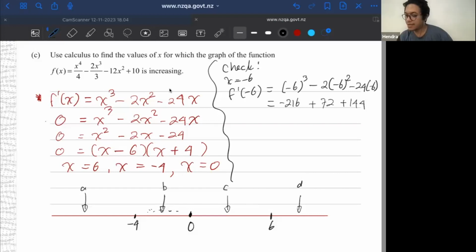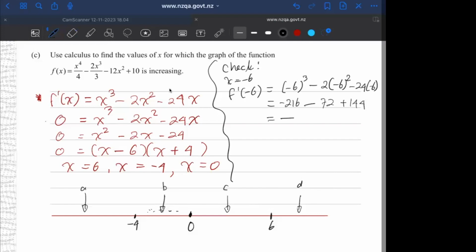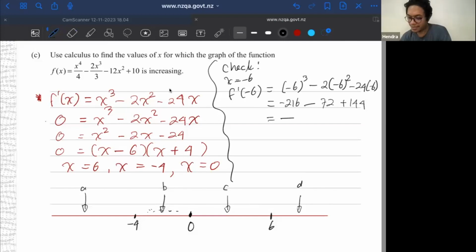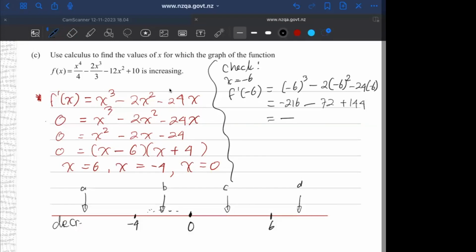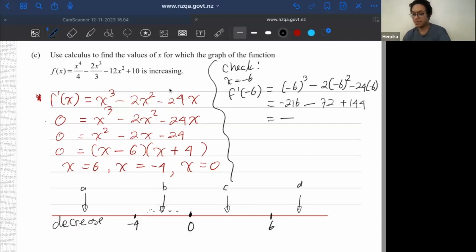Oh, yeah, that's true. It is minus. So this will be negative something, right? That means because f prime is less than 0, this is decrease. What is the value of x now? So this is decrease. Now choose one in B.